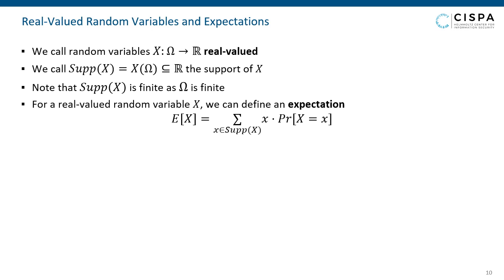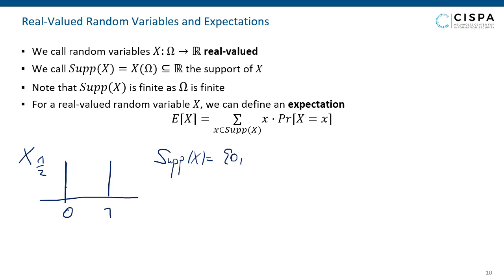Let's study this for a moment with an example that we've already seen. Let's take the random variable x, which outputs 0 with probability 1/2 and 1 with probability 1/2. This x is an unbiased coin. So in this case, the support of x is just the set {0, 1}.